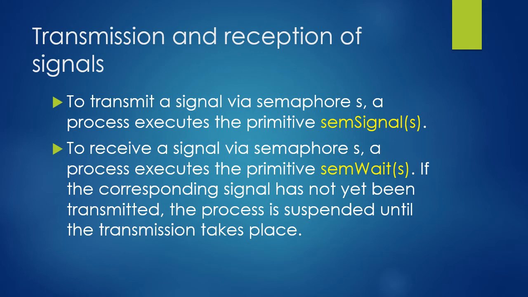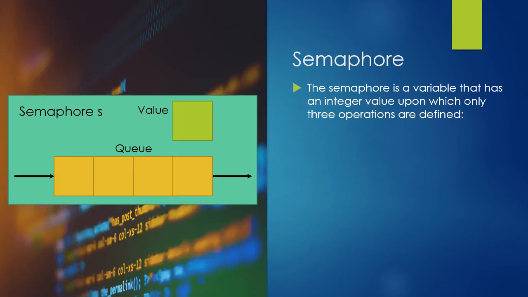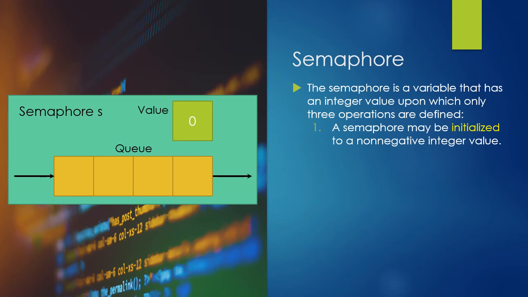If the corresponding signal has not yet been transmitted, the process is suspended until the transmission takes place. The semaphore is a variable that has an integer value upon which only three operations are defined. A semaphore may be initialized to a non-negative integer value. So you can initialize the semaphore to a value greater than or equal to 0.